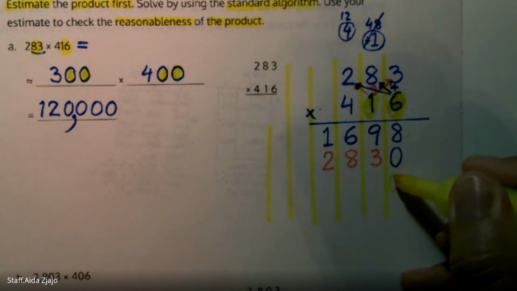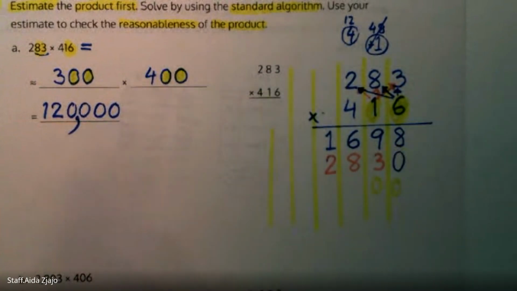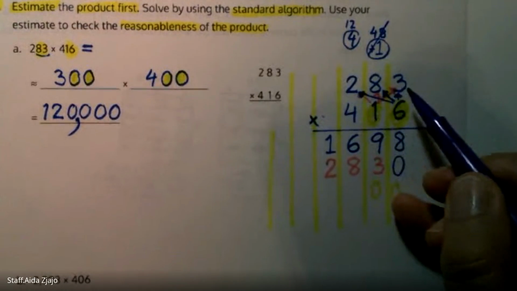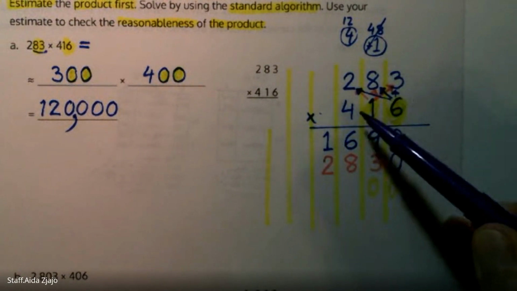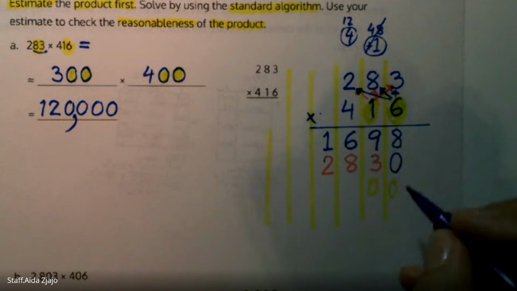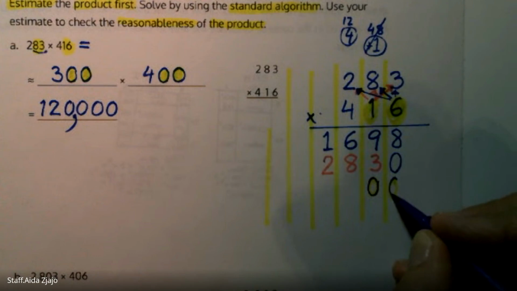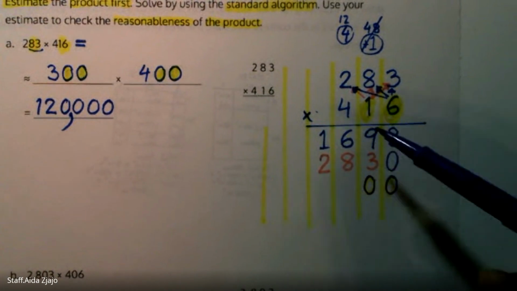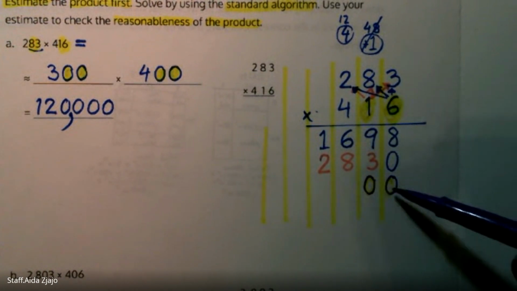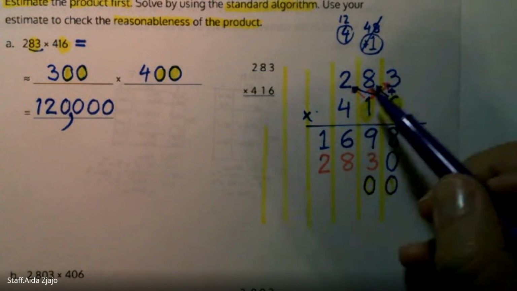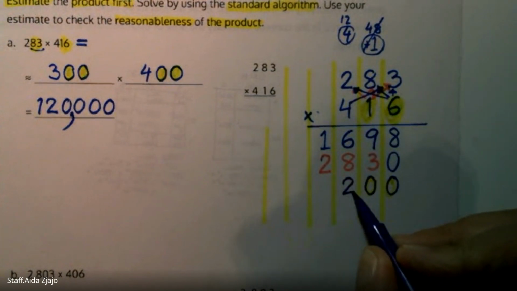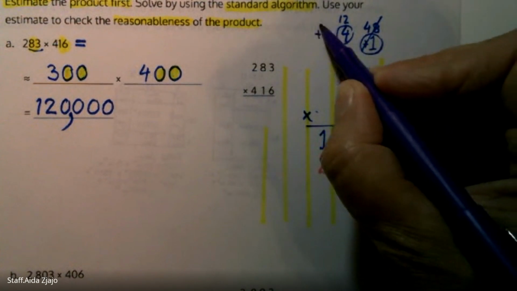Now I'm done with ones and I'm done with tens. So now I need here 2 zeros to put, because I'm going to start multiplying 400 with these 283. So 400 is 4 and then 2 zeros that I need to have as a placeholder. So now it's the same procedure. There's a 400, but we can use 4 times 3. 4 times 3 is 12. 2, I carry 1.